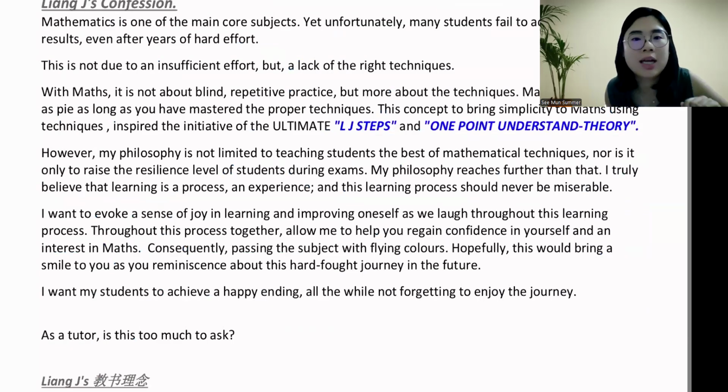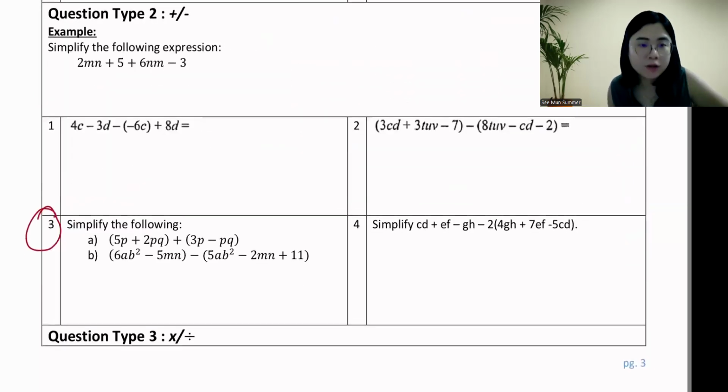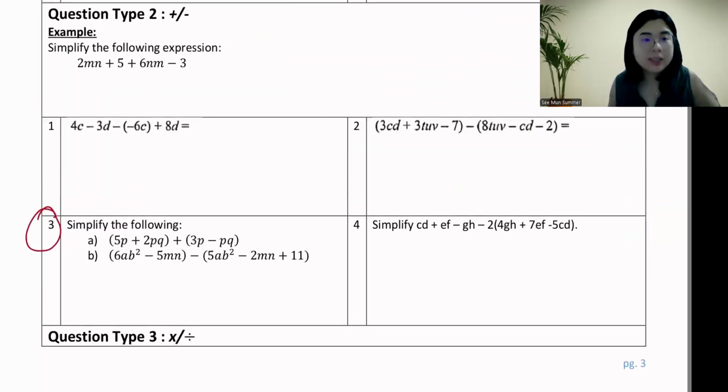In the first 30 minutes, we'll try to solve all kinds of algebra and the factorization part. Later on, we'll go to the next few chapters that are revision for Form 1. And last but not least, in the last 30 minutes, we are going to try some problem solving questions.